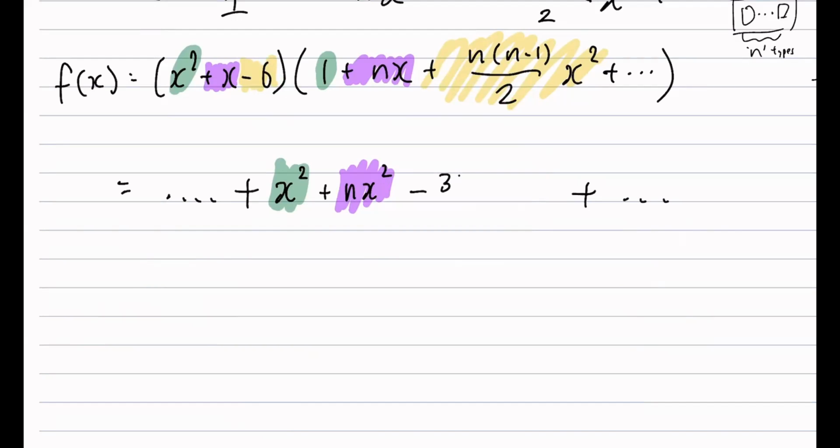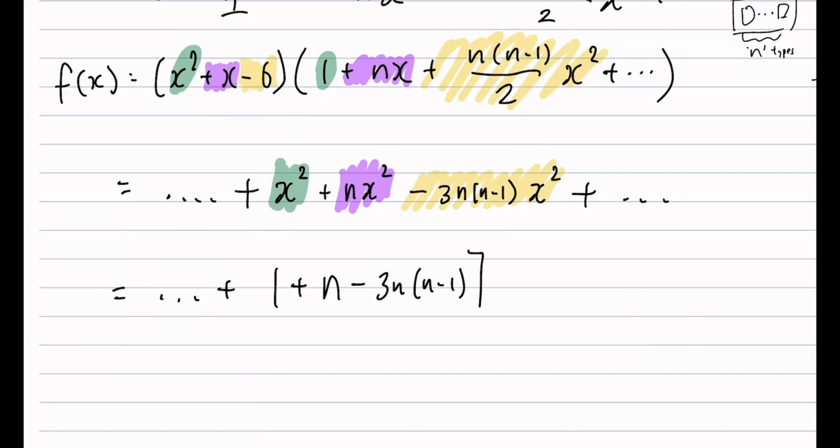So negative 3n times n minus 1 multiplied by x squared. That's the yellow one. Is that clear? Then you combine them together: plus 1 plus n plus negative 3n, bracket n minus 1. This is the coefficient of x squared. Does that make sense?